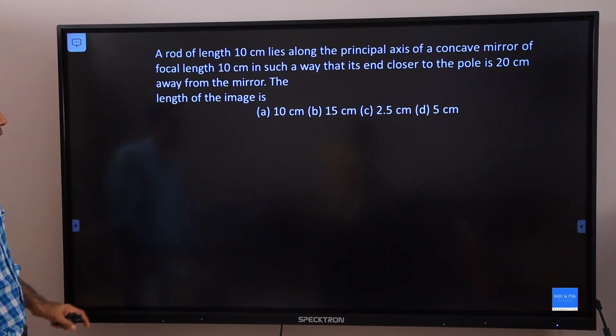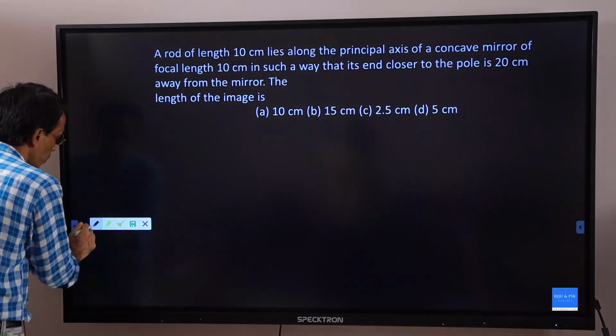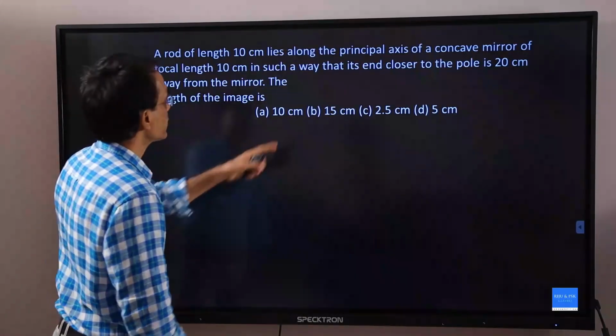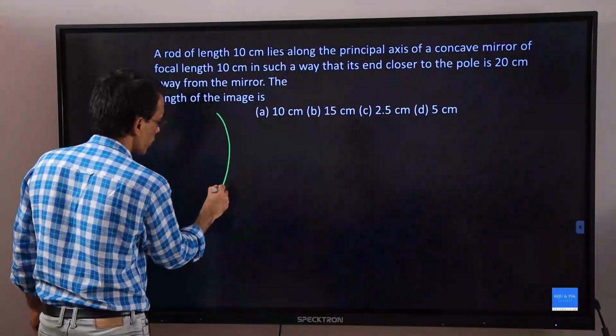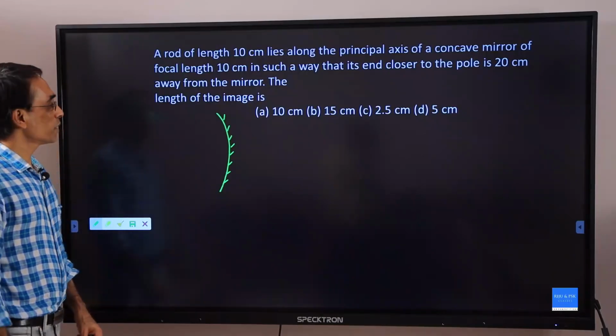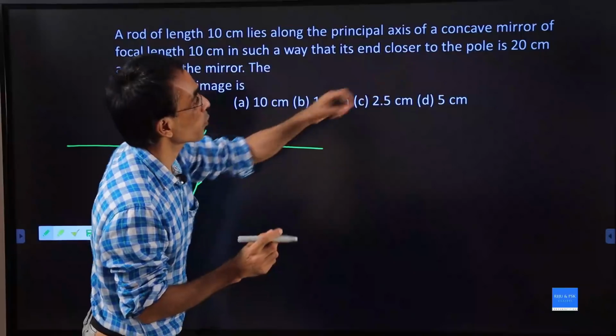Let us do a ray diagram. Let us throw some light into the picture. It's a concave mirror, so let us draw the concave mirror here. This is the principal axis. This is the pole. They have mentioned the pole.